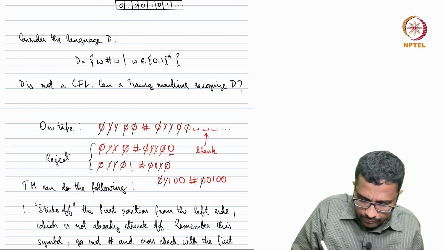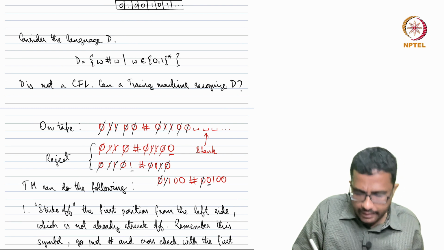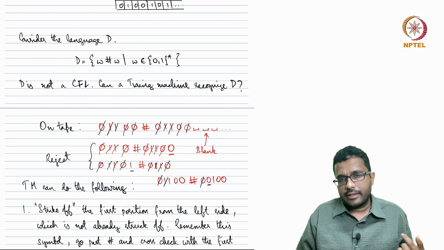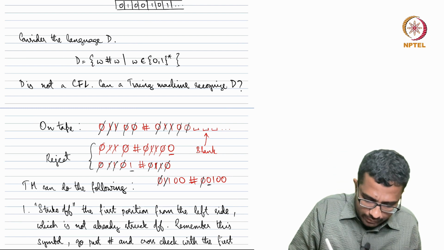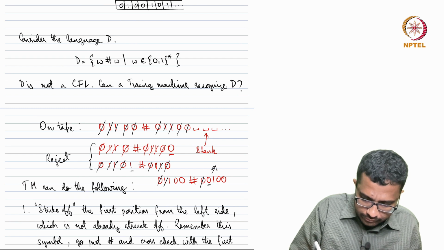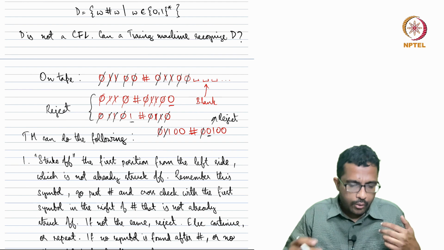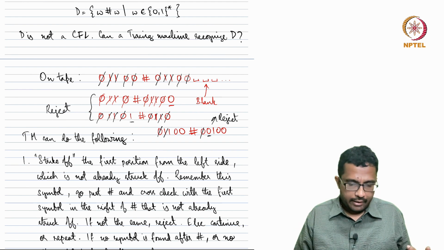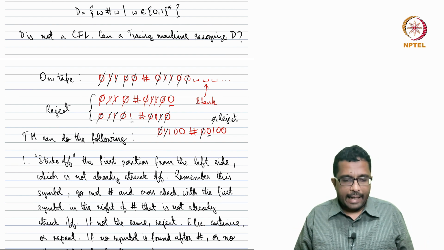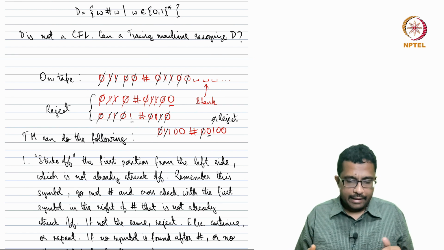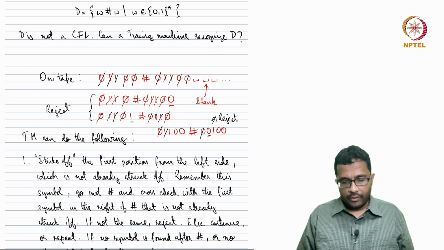The second symbol 1 will not get struck off because the second symbol after the hash is a 0 which does not match. So this will also get rejected. So this is how a Turing machine may operate on a language like this. If the Turing machine is trying to identify that language, this is what it has to do.